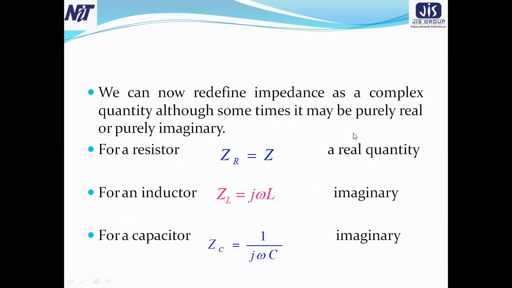Now we can redefine impedance as a complex quantity, although sometimes it may be purely real or purely imaginary. Try to understand the meaning of all the words which are written here in this lecture.